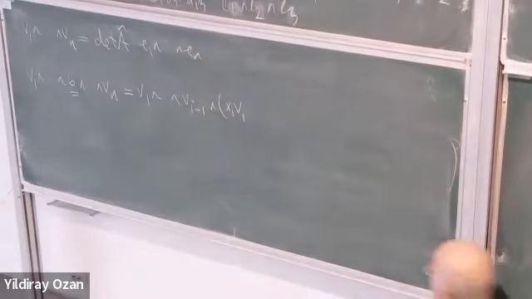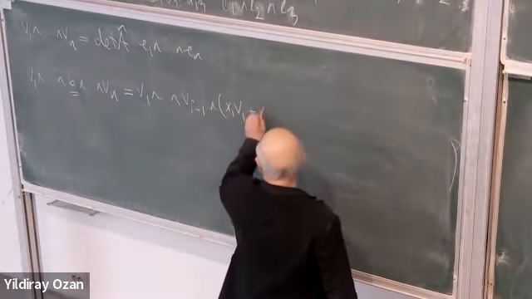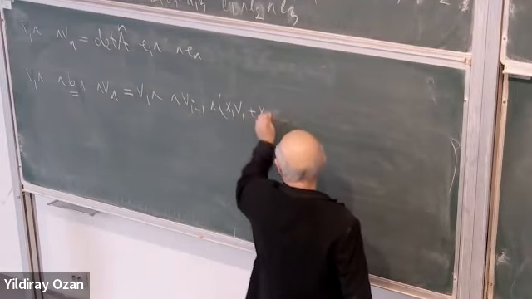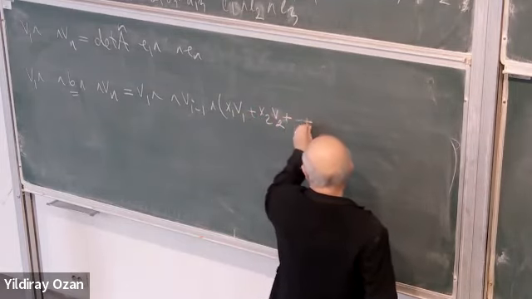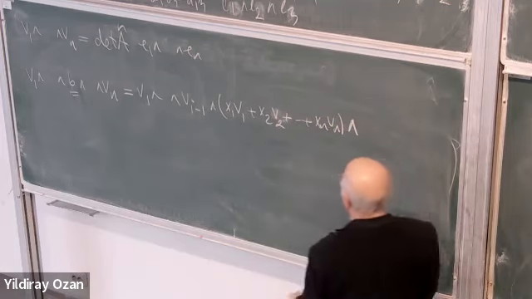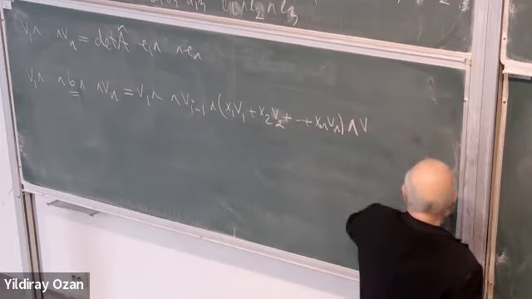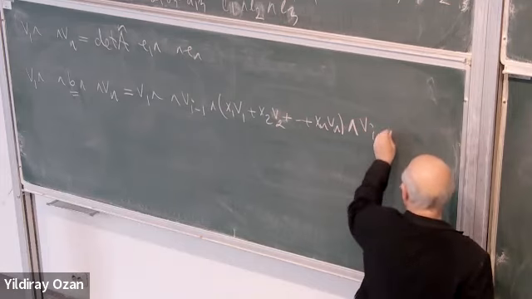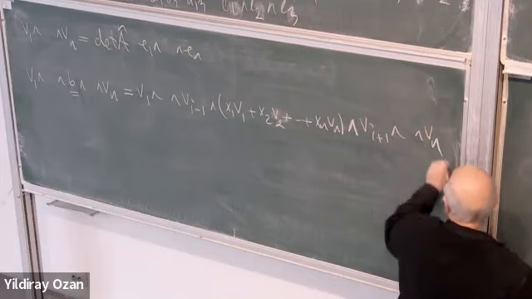So let me just write it down here: x2 V2, xn Vn, and then I continue with Vi plus 1 up to Vn.